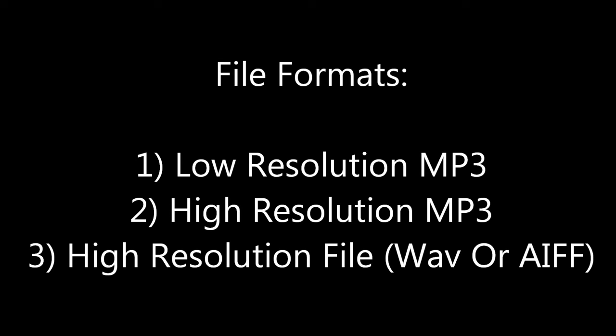Some companies prefer that you email or upload a low or high-resolution MP3 to start with. Then, if they like what they hear initially, they'll ask you to send them higher-resolution files. Ultimately, for actual licensing purposes, you'll need a high-resolution file like a WAV or AIFF. This is the version that will be used if and when your music is actually licensed.